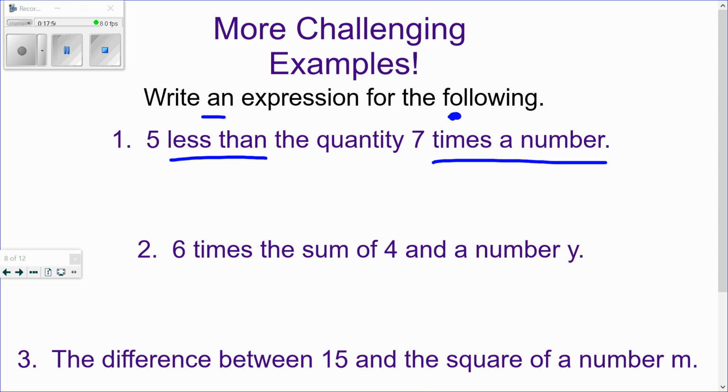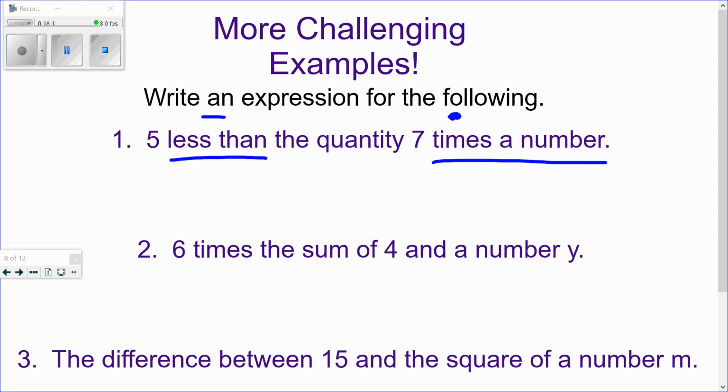Before you answer this, if I have 5 less than 8, what's the answer? 3. So if 5 less than 8 is 3, did I do 5 minus 8? No, we did 8 minus 5, right? Be careful with less than. Less than is actually going to flip the order, okay?